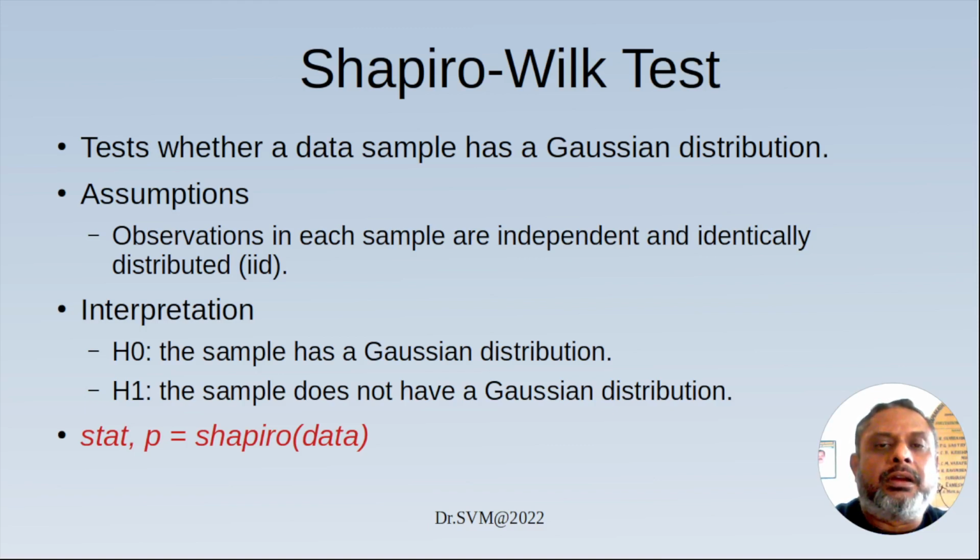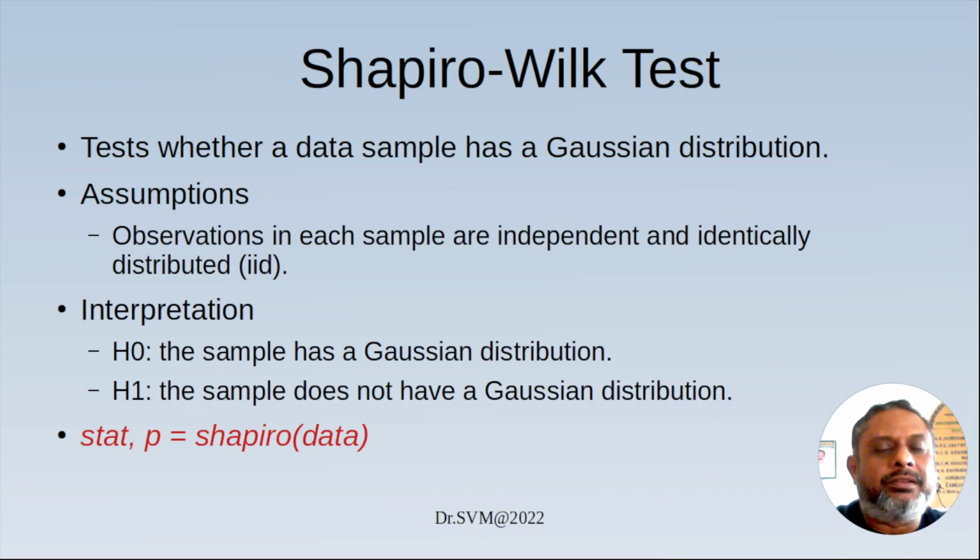In Python, we have a function called shapiro. You just pass the data to that, and it will give us two results, stat and p. Stat is the statistic and p is the p-value.